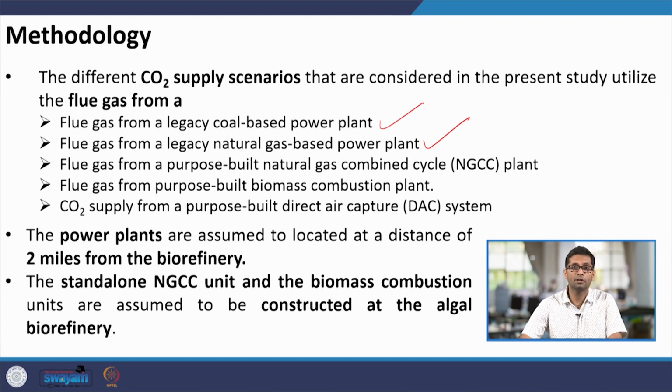Then the CO2 can also come from biomass combustion, which is also producing electricity, or, as is becoming famous nowadays, we can also capture CO2 directly from the air using direct air capture systems, and couple that with an algae growth field where the algae can be growing. And we assume that there is a typical distance of 2 miles between the power plants and the biorefinery.